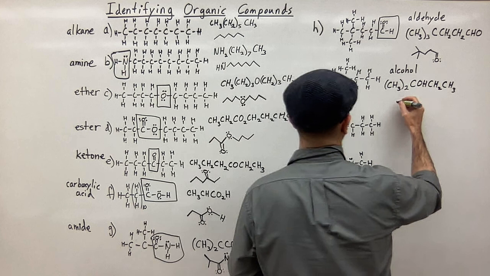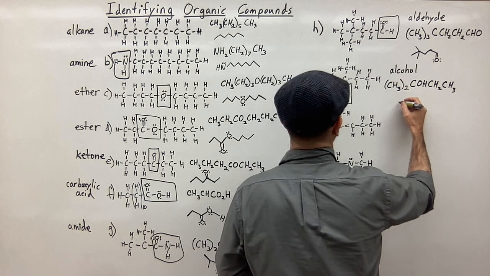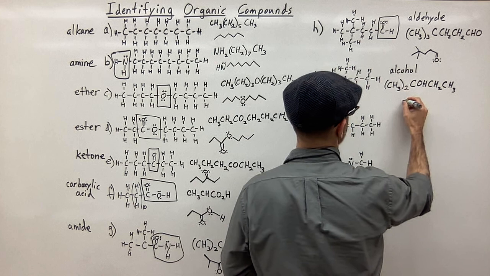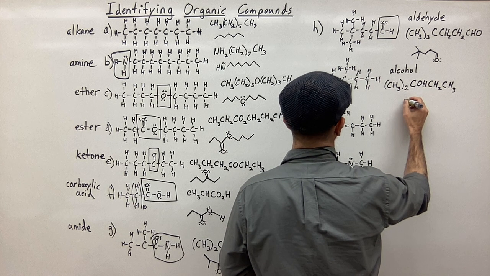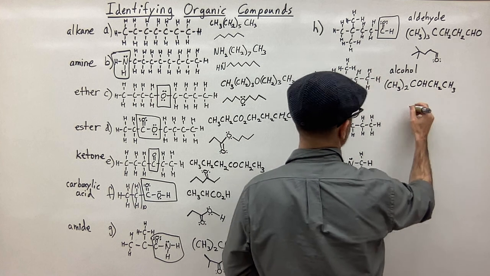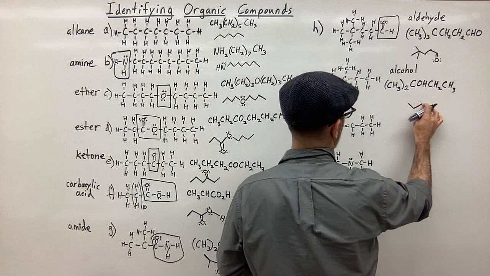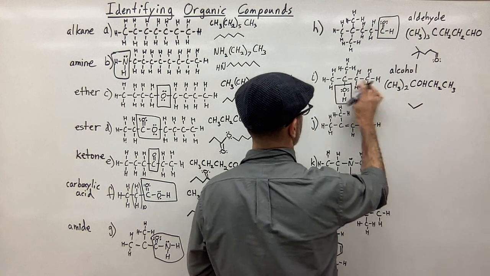And then the line drawing would be, again, you have these 2 methyl group branches off the carbon. So you've got this chain here. So you've got 1, 2, 3 carbons. That's the 3rd carbon.